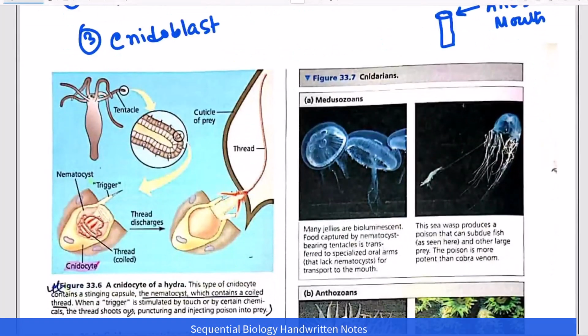Hydra is a representative of this phylum. You can see the diagram of a hydra. The mouth of hydra is also called the hypostome, and this hypostome is surrounded by many tentacles, and in these tentacles a special type of cell is present.